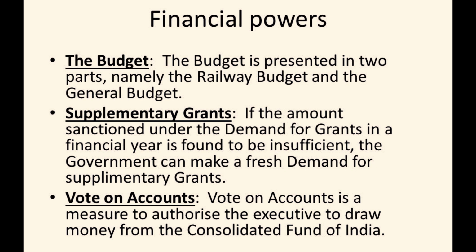If the amount sanctioned under the demand for grants in a financial year is found to be insufficient, the government can make a fresh demand for supplementary grants. Then comes vote on accounts. Vote on account is a measure to authorize the executive to draw money from the Consolidated Fund of India.